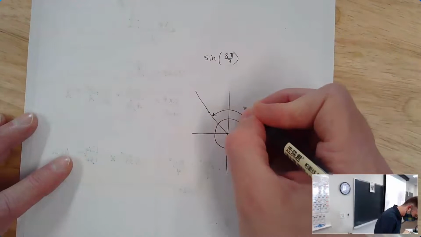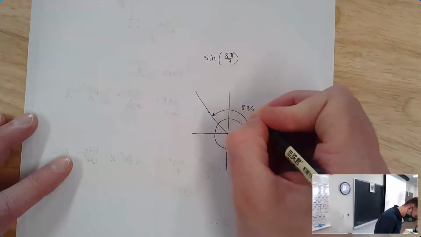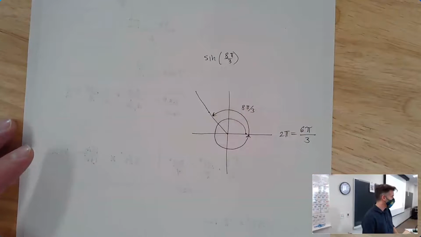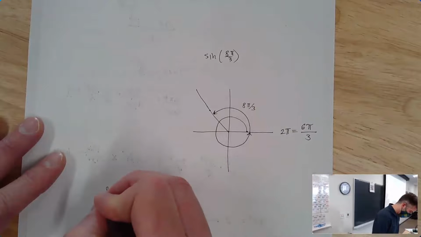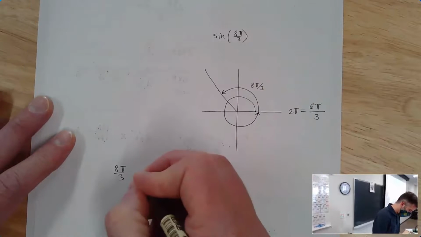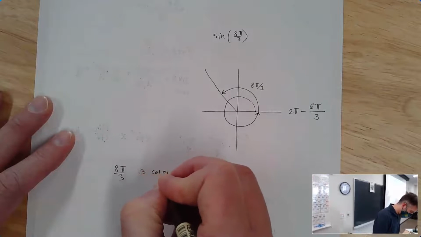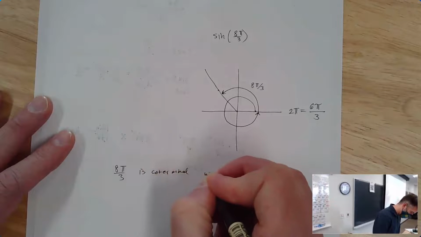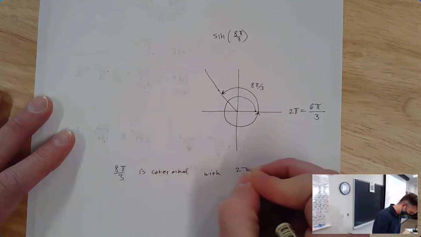So that angle is 8 pi over 3. But it's essentially the same as, or is coterminal with, 2 pi over 3.